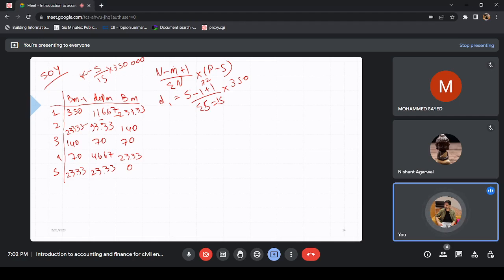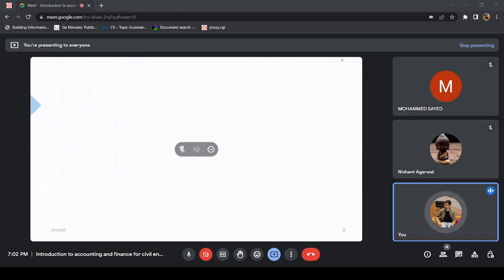Are you getting the same table? Yes, sir. Okay. So what remains is the next method, and that is double declining balance, right?